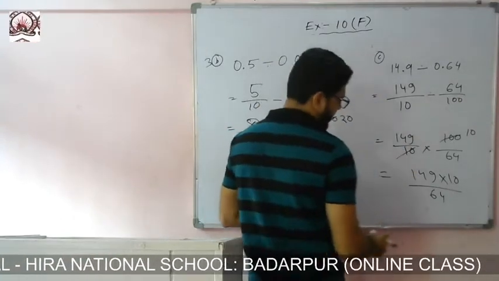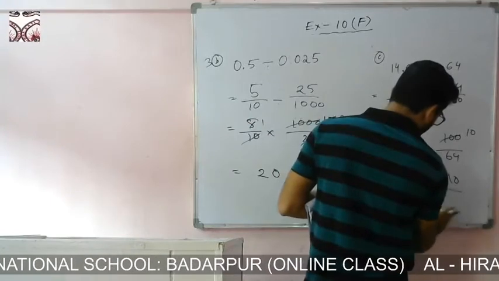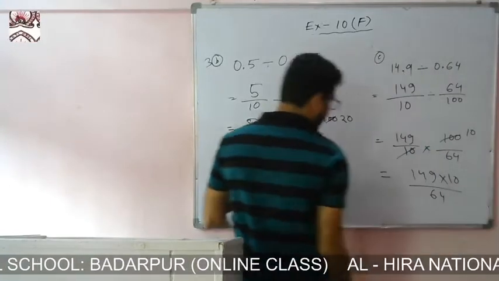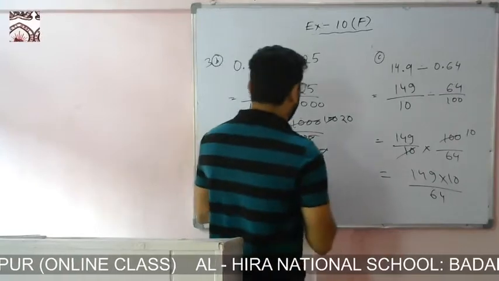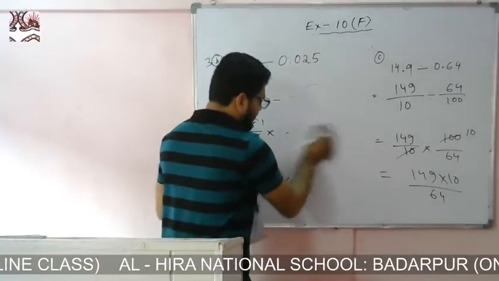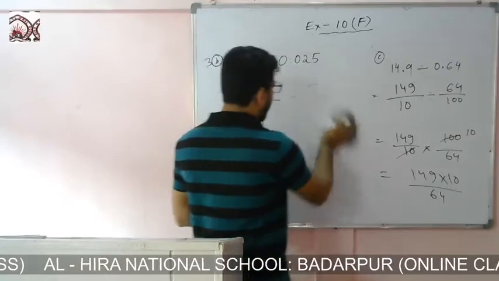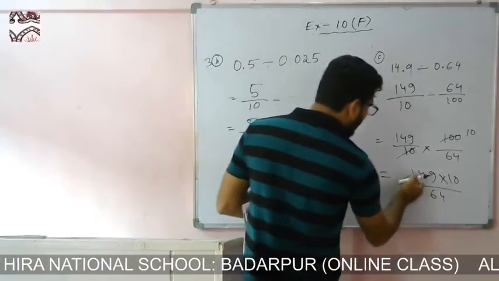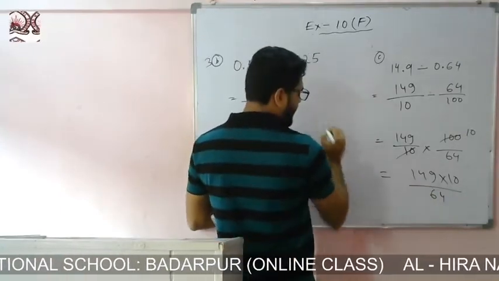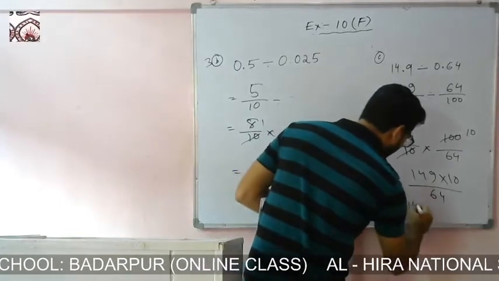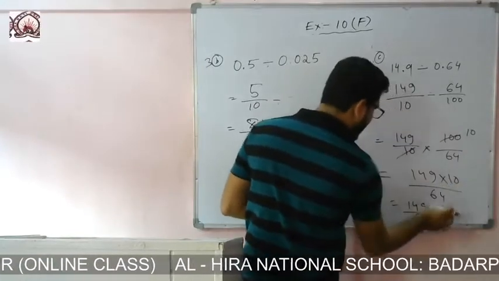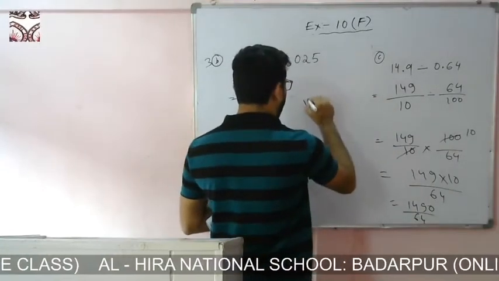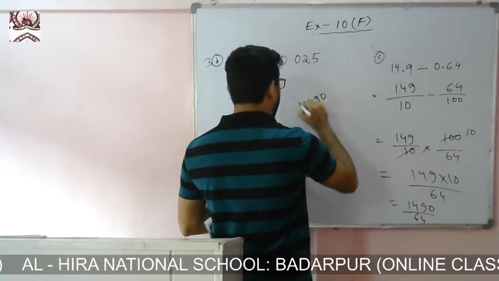You can divide 149 by 64 like this, or you can divide 1490 by 64. That means if you multiply, then you will get 1490. So divide 1490 by 64.